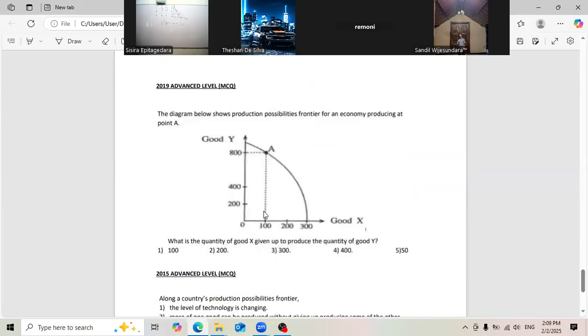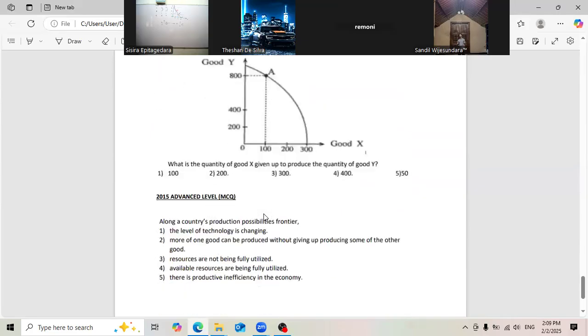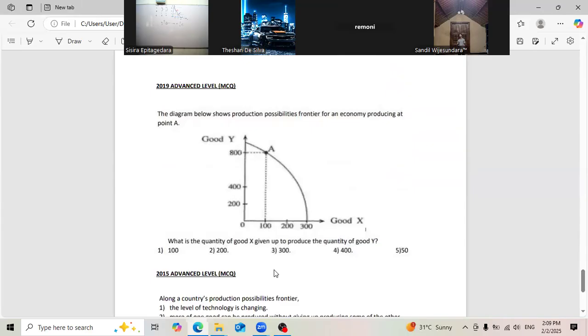Last one, give it a try, the 2019 A-level MCQ. Hurry up. Only this one.